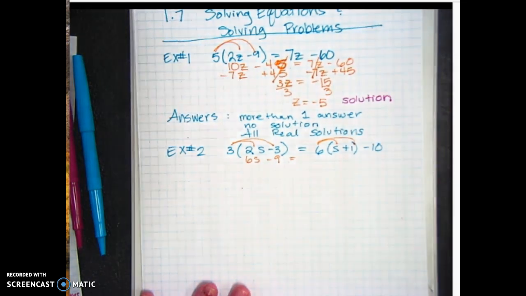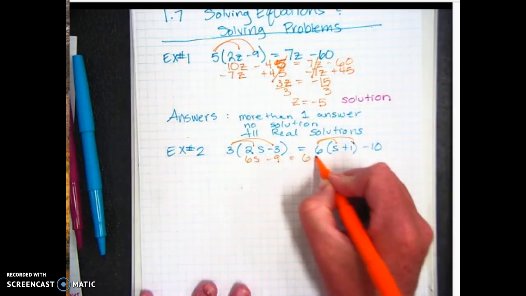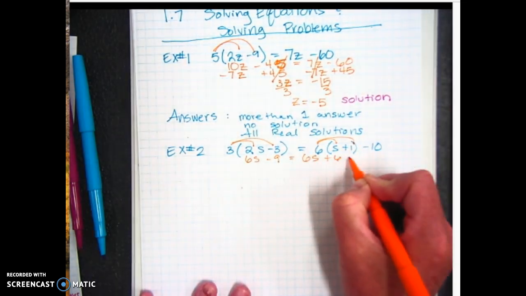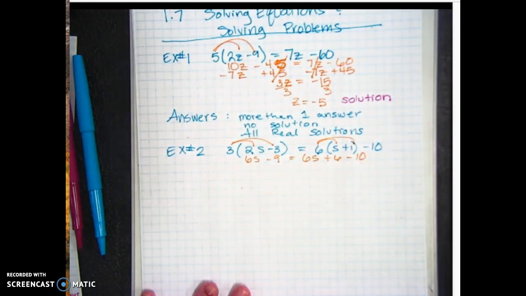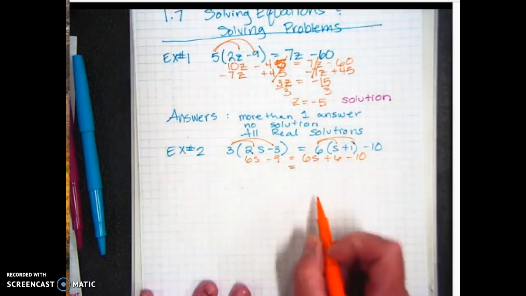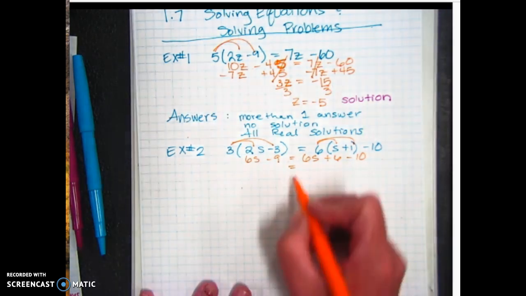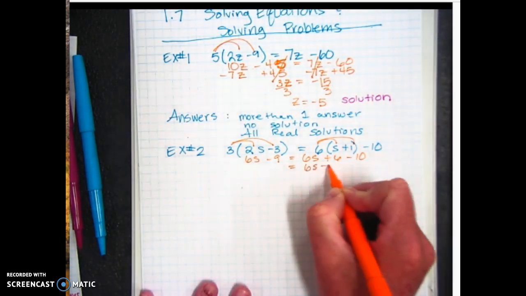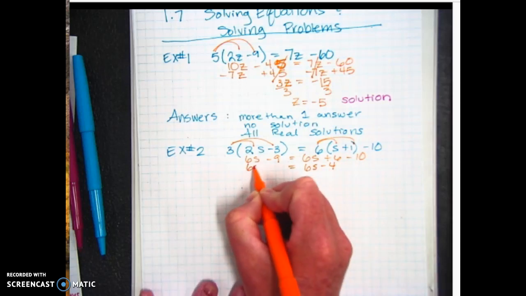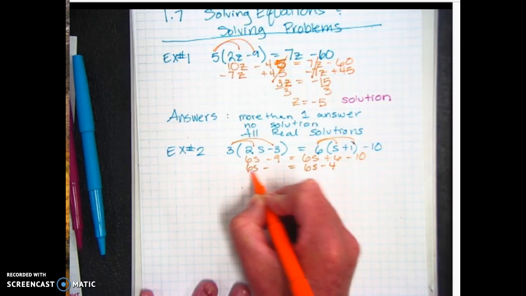That's our left side. On the right, 6 times s is 6s, and 6 times 1 is 6 minus 10. So we can simplify on the right, right? What's 6 minus 10? Negative 4. So we have 6s minus 4, and over here we have 6s minus 9.